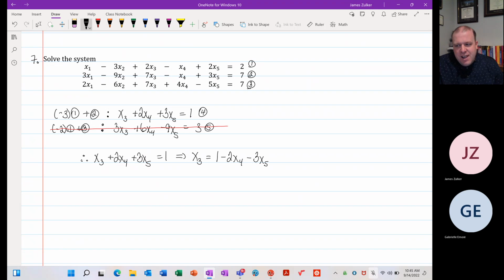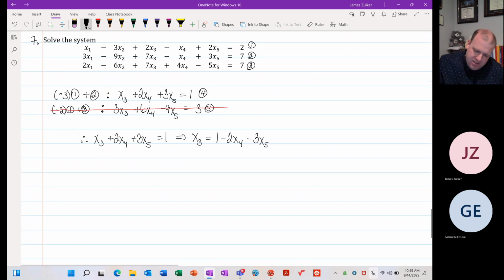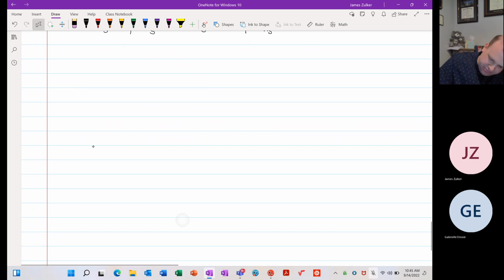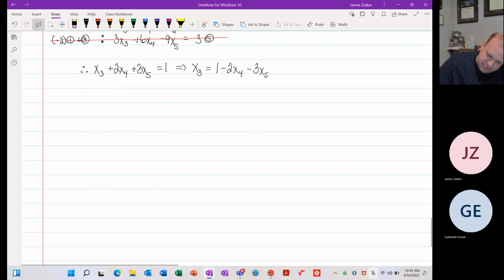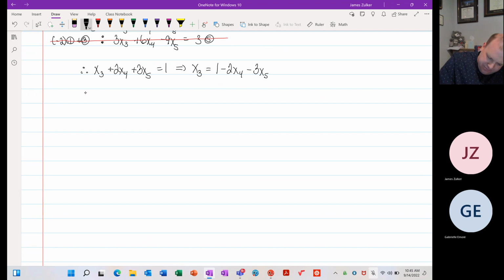So x4 and x5 are now independent variables. They can be anything we want them to be. Let x4 be r. Let x5 be t.